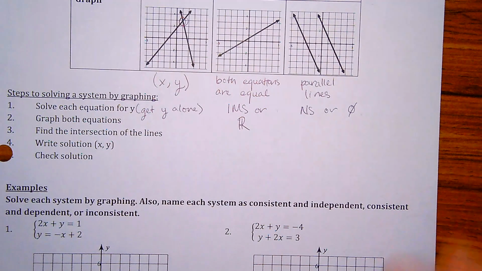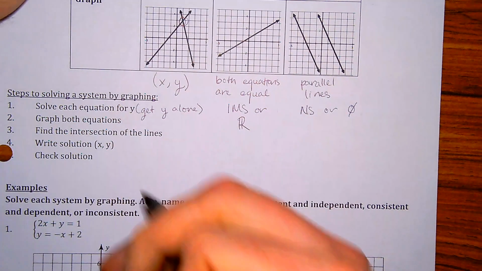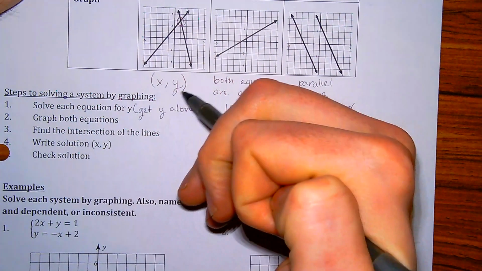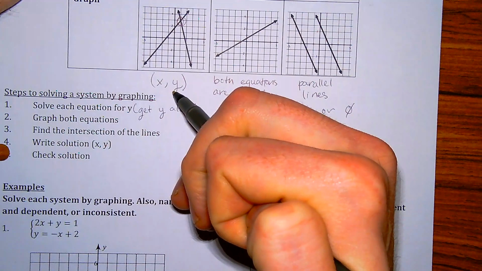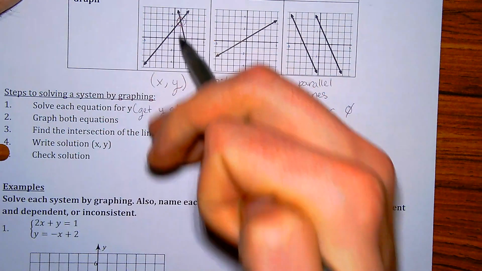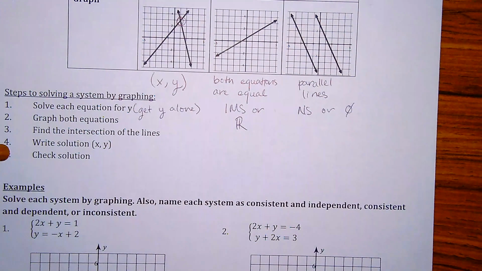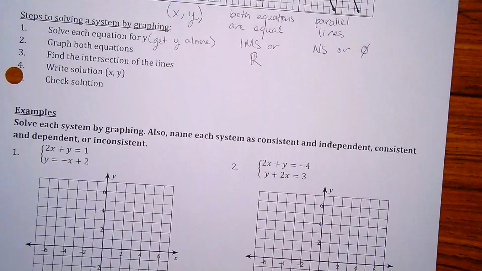It's very similar, only this time we have to do it twice. Graph both equations, find the intersection of the lines. Intersection being an xy coordinate where they meet, or this point right here. Write our solution as an xy, like we've done here, and then we can check our solution, okay? And I'll explain how we can check our solution in a second.